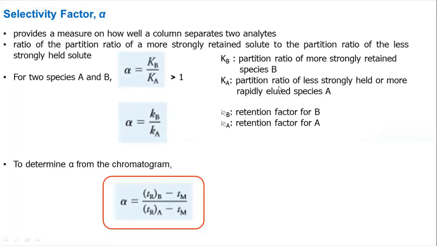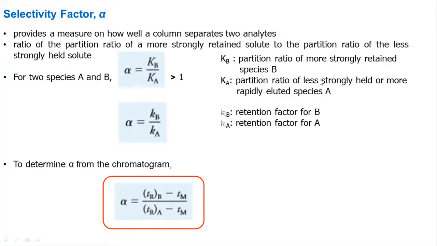So for two species A and B, this is the selectivity factor, where Kb is the partition ratio of the more strongly retained species, which is B, and Ka is the partition ratio of the less strongly held or more rapidly eluted species, which is A.